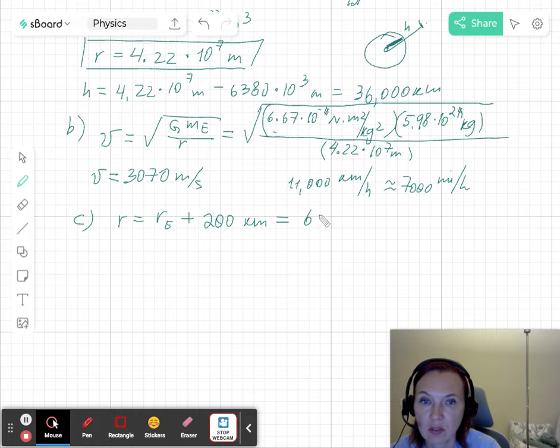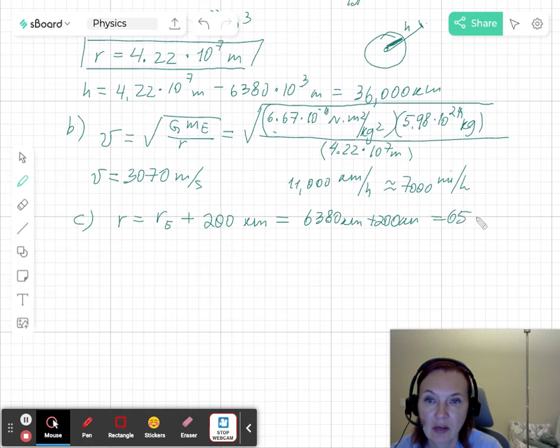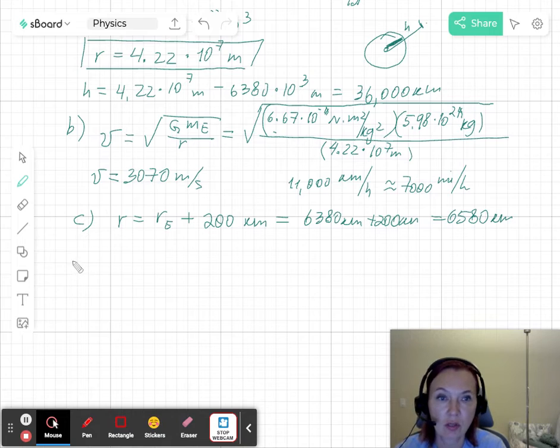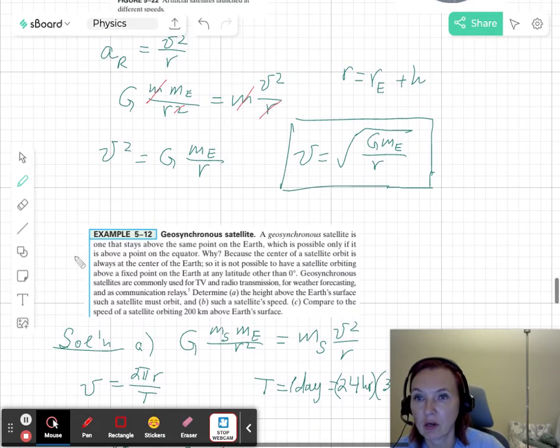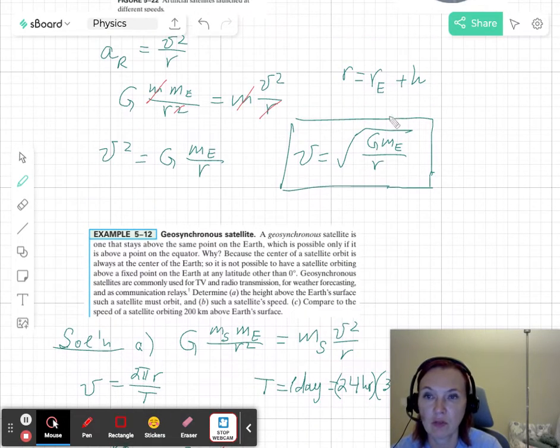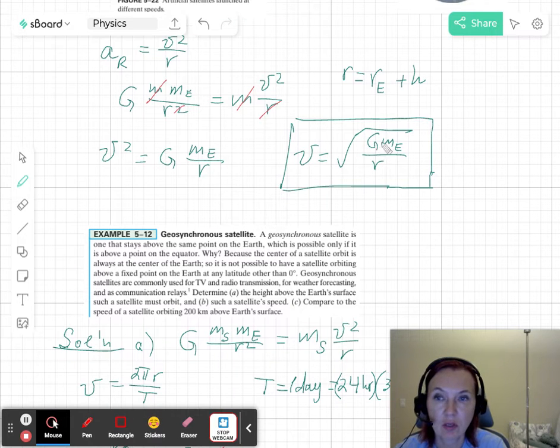Radius of the Earth is 6,380 plus 200, and we are getting 6,580 kilometers. So we know that V is proportional to the square root of 1 over r. Right, from here. So V is proportional to the square root of 1 over r.